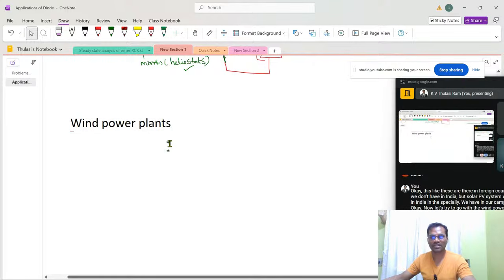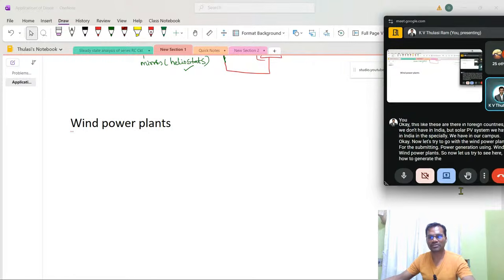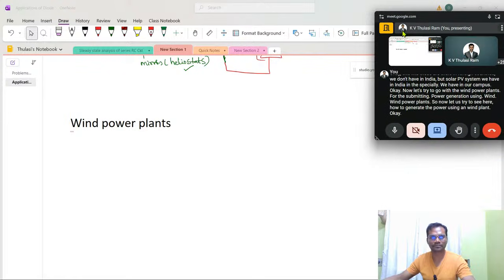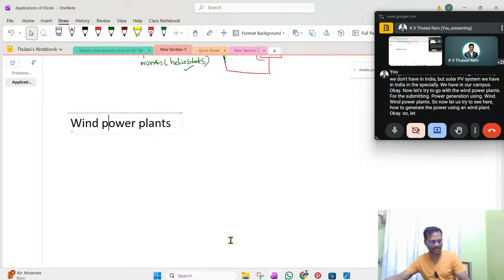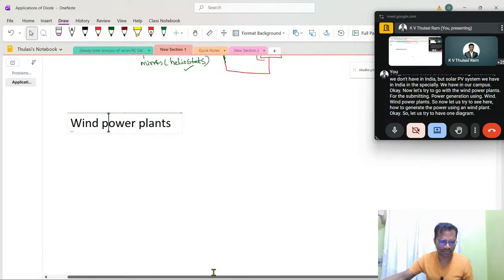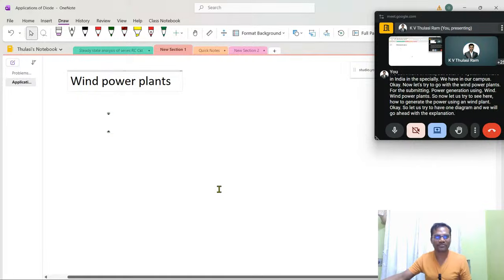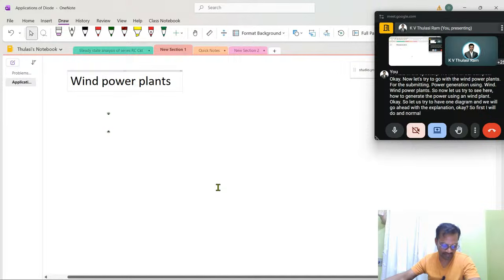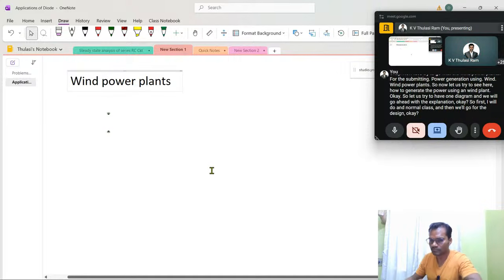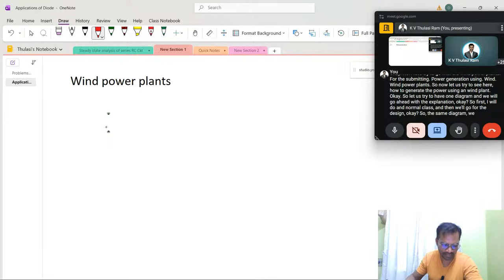Now let us see how to generate power using a wind plant. Let us have one diagram and we'll go ahead with the explanation. First I will give a normal class, and then we'll go for the design. The same diagram we have to draw in the exam also. So see this diagram.